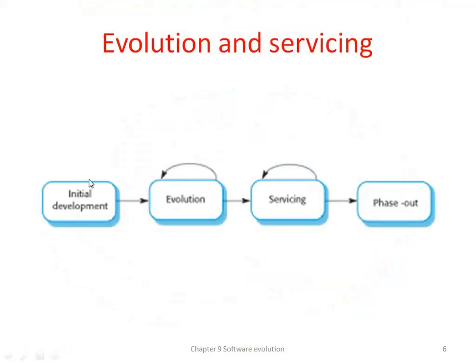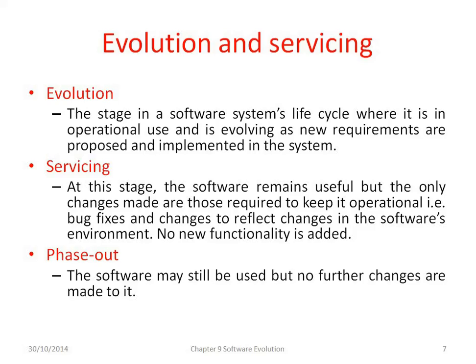In the given diagram, whatever you developed in the initial development, you take it to evolution. After some requirement or environment change, you modify the initial system and use it. In servicing, any errors or bugs you have to fix, and finally you phase out, meaning you retire that software.